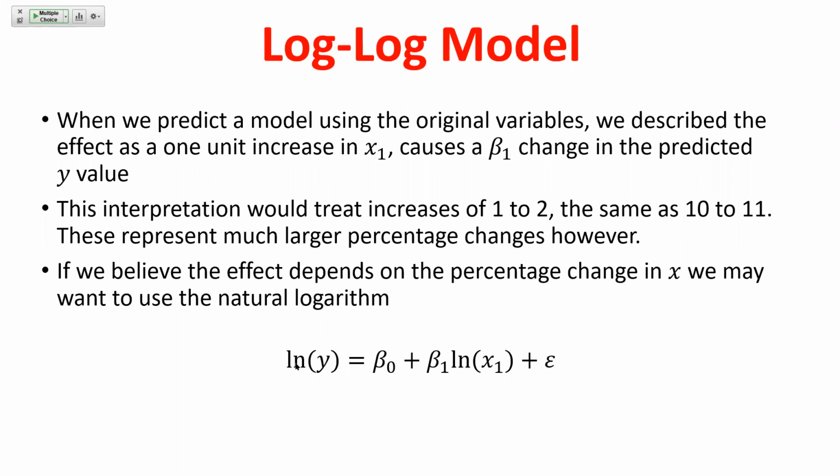The interpretation now becomes, instead of a 1 unit change in x causing a beta unit change in y, a 1% change in x predicts that the y variable goes up or down by beta 1 percent. So if beta 1 was 5, then for a 1% increase in our x variable, we predict that our y variable goes up by 5%.